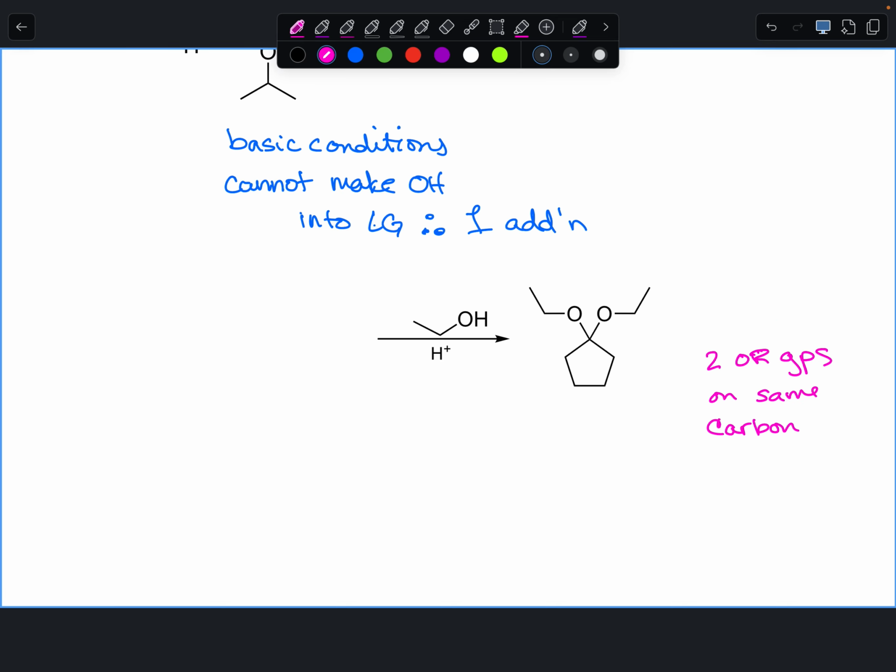And what will happen is that we will do an elimination reaction, okay? So this is very similar to the eliminations that you did back in 205, where you can use water if you want, or another nitrogen.